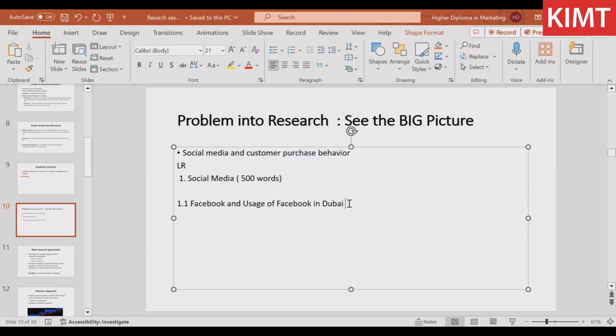So therefore, when you write a literature review, you can write social media, you can write Facebook. When you do a review, you do comparison. You can write some other part, Facebook and Twitter. Now, of course, it's X, right? Facebook and LinkedIn, Facebook and TikTok. You can have a comparative write-up.